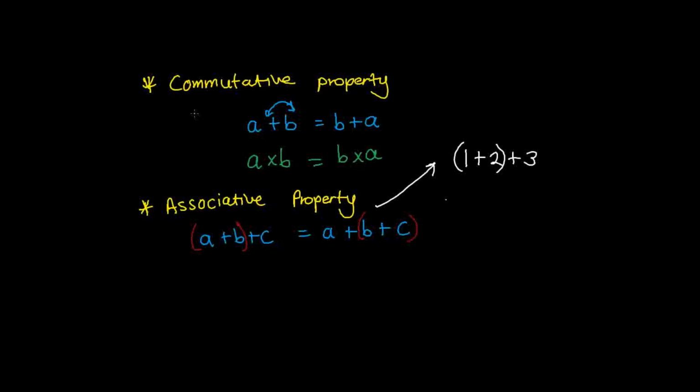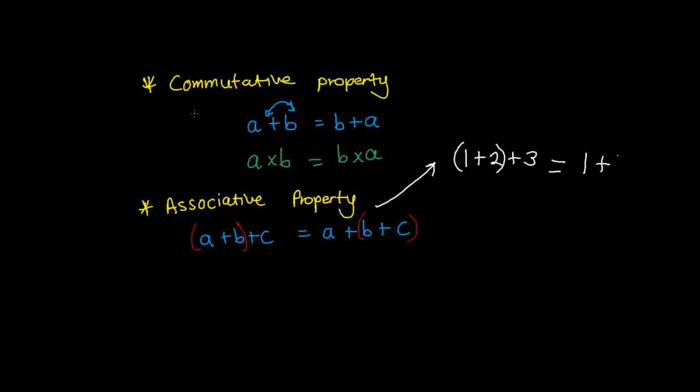The golden rule is that division and multiplication come before addition and subtraction. So 1 plus 2 is equal to 3, and 3 plus 3 is equal to 6. What happens if I group the 2 and the 3?